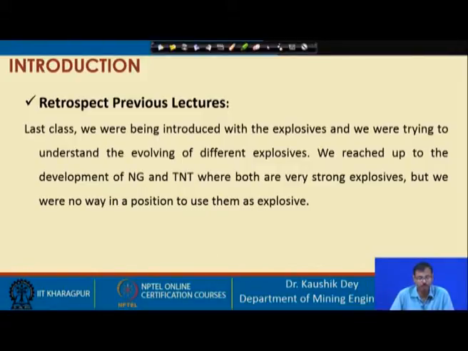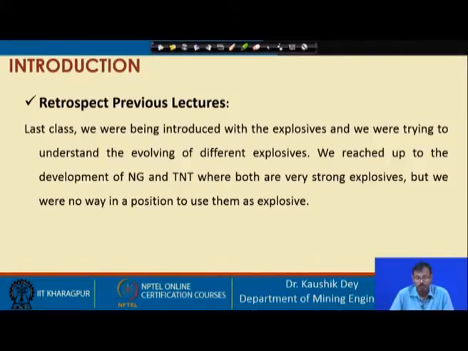We reached up to the development of nitroglycerin and TNT, where both are very strong explosives, but we were in no position to use them, because they are dangerous explosives and are not flame sensitive. So, we cannot initiate the explosion by providing a flame, their sensitivity is very high, their transportation is problematic, and their controlled explosions are problematic.